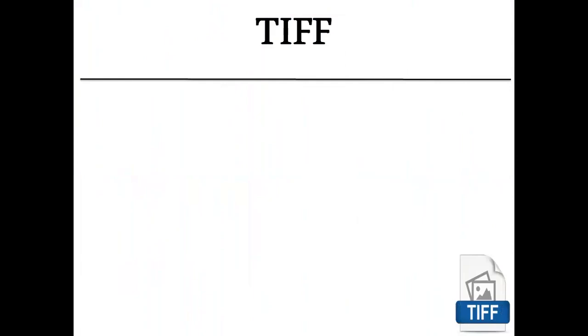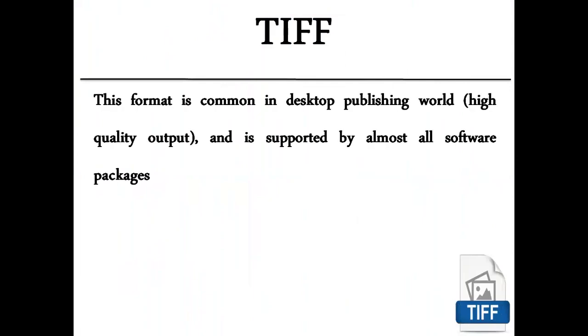Now we'll see about TIFF. This is one of your common formats used in the desktop publishing world. What is desktop publishing? Creation of page layouts for documentation. In that documentation, we can use your TIFF.